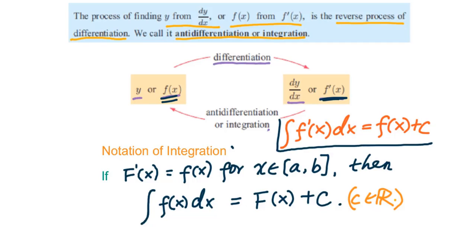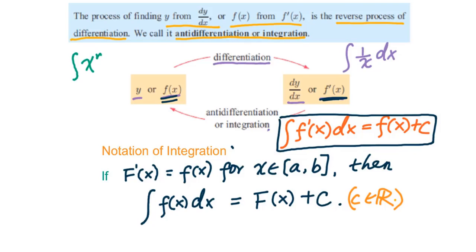This is very, very important for you to think about how to figure out this f of x. For example, we know 1 over x. We cannot use this formula, integral of x to the nth power equals x to the n plus 1th power over n plus 1.